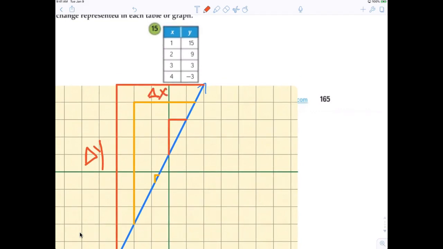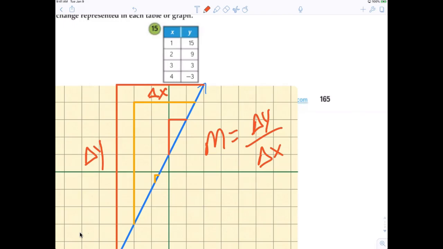And slope is defined as delta y over delta x. As long as you have a line, the slope will always be the same. It doesn't matter what 2 points you pick. You could go 3 up and then go over, and you'd still get 2 over 1. That's exactly right. If I went up 3, then I would go over 1.5, because 3 over 1.5 is 2.